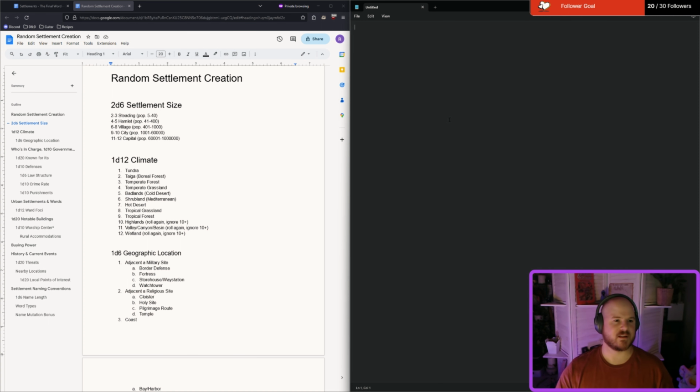Alright, the first thing we're going to decide on is the settlement size. Since we're just building something randomly, alright, 10, which I think is the city, right? So we're making a city.